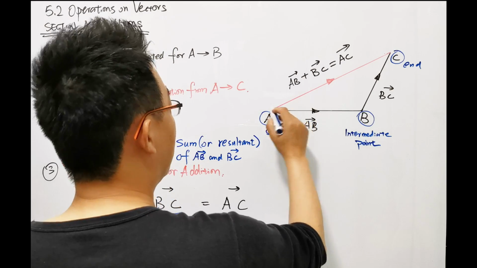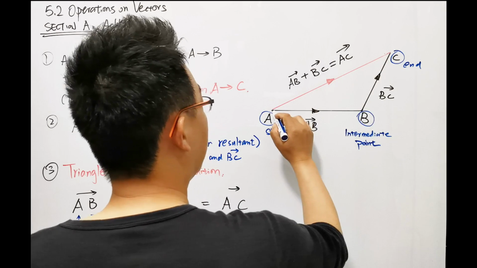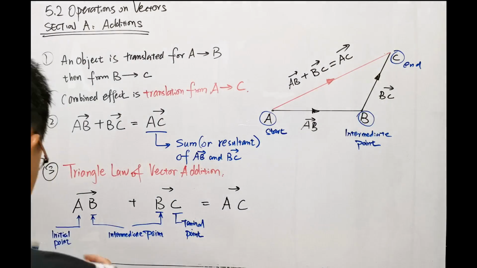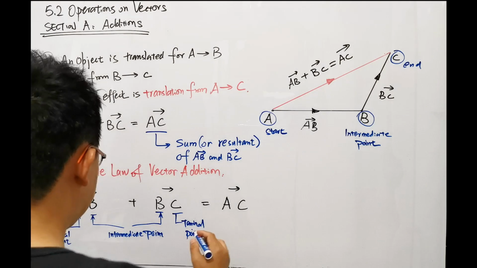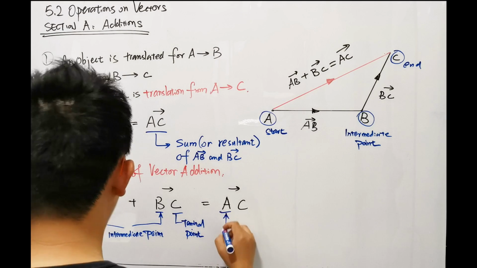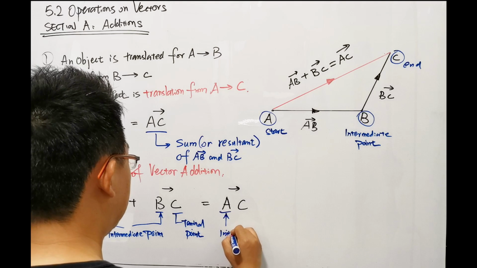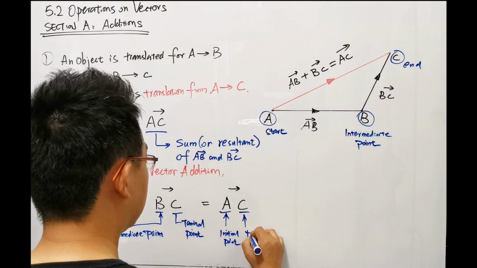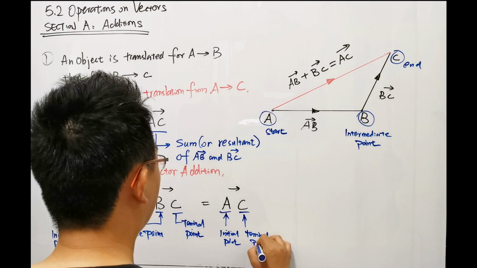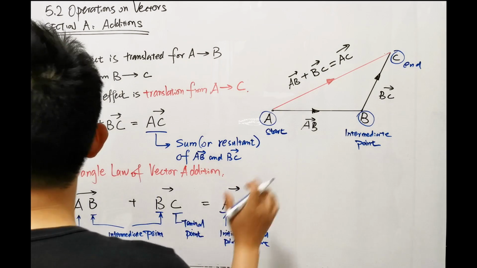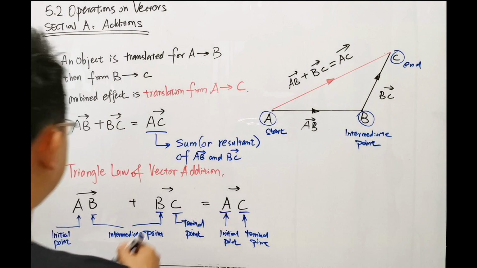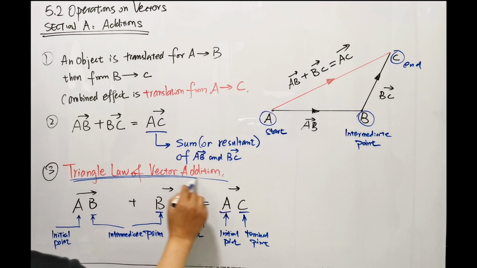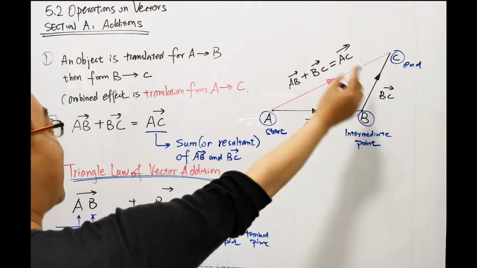Whether we move here to here, we will get the same final result, A to C. We add up the two vectors together, so we get this law. The law is called the triangle law, because this forms a triangle, right?